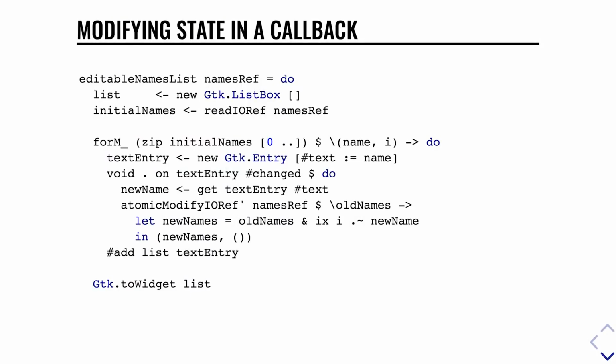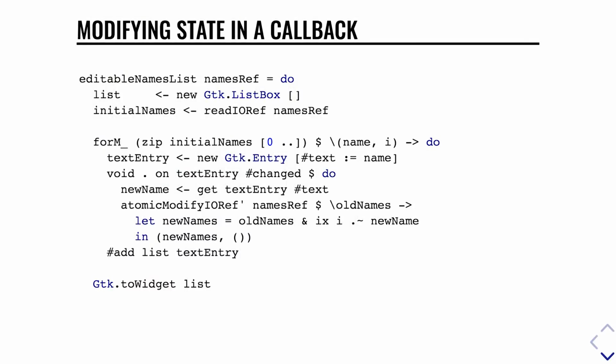And we will attach a signal handler on the changed signal, as you see there. If that text entry changes, we will atomically modify the IORef with a new list of names where the name at the given index is replaced by the new name. We will add the text entry to the list, so we will have a list of text entries in the end, and then return that list.